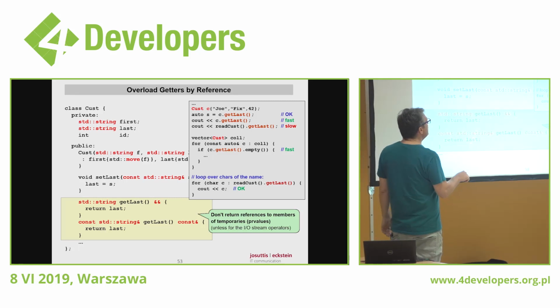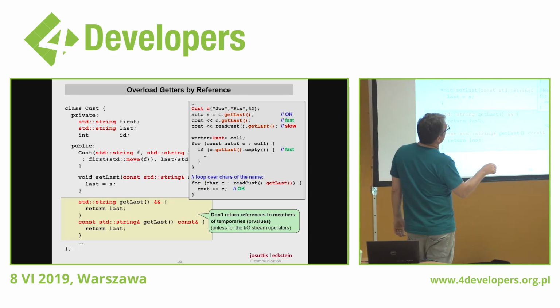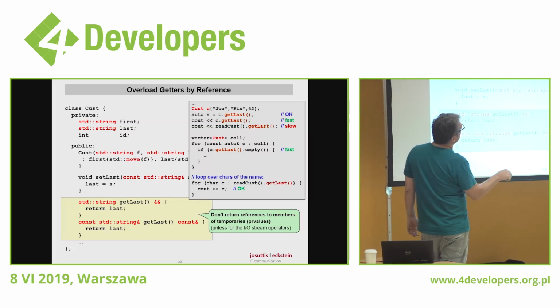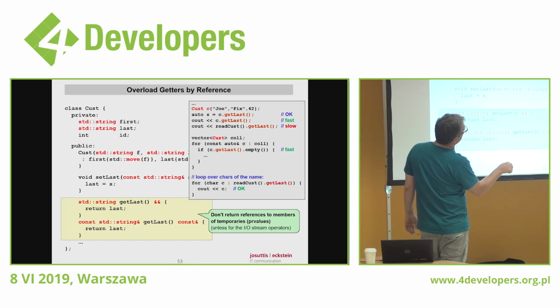So if you do that, look at this. This gets fast because it uses this, because we have a name here. And if we have something that has a name and we call get_last, then we pass it by reference because it still outlives this call.